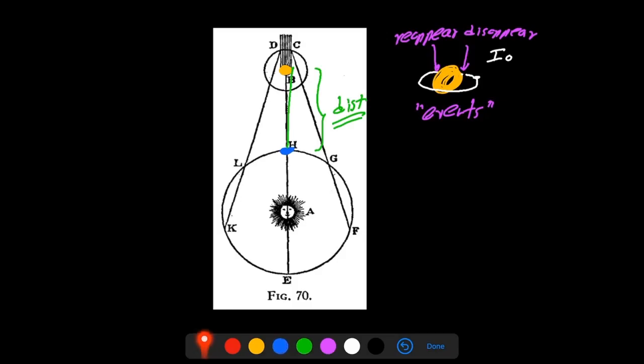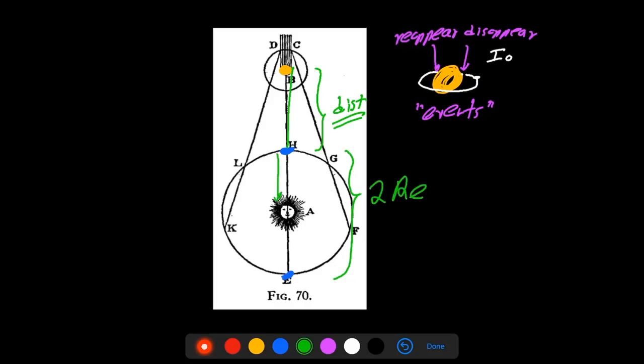Then he waited a whole half of a year for the Earth to continue its orbit around the sun and go all the way down to position E. Now he's this much further away from Jupiter, which is basically 2 times the radius of the Earth's orbit.